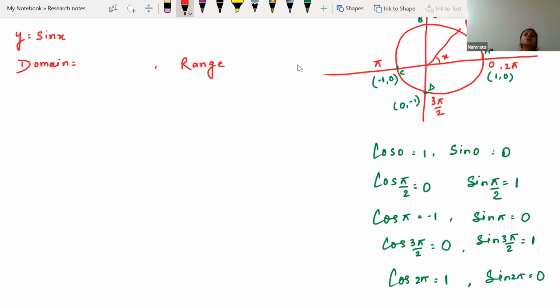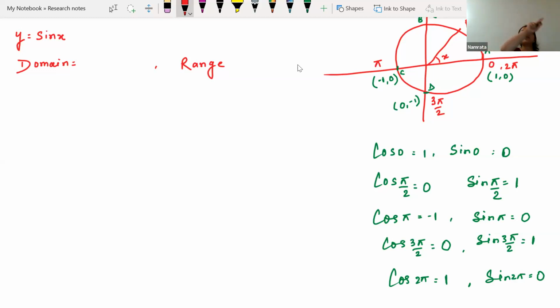Then after 2 pi also I said there will be repetition, like 2 pi plus any number, it will keep on moving. That means any real number can be taken as an x value because it is not ending at 2 pi.